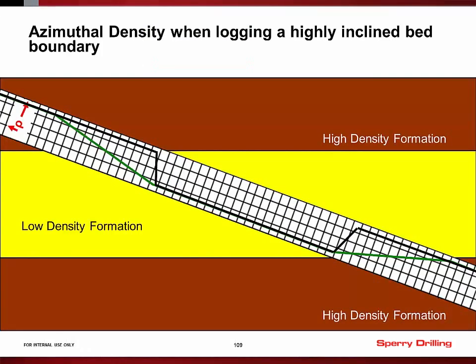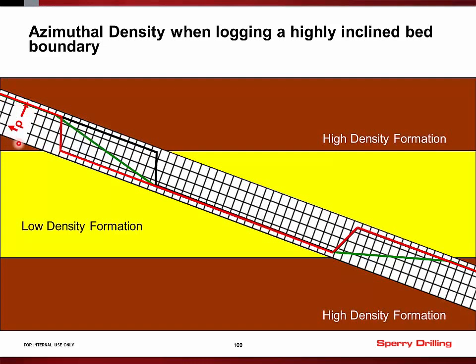So let's look now at the azimuthal data and how that behaves in this same situation. We've already got the conventional and the rapid sample on this plot. Let's add the bottom quadrant azimuthal data and see what that looks like. That's the red curve, where, remember, this is facing the low side of the borehole now. This is the bottom quadrant density.